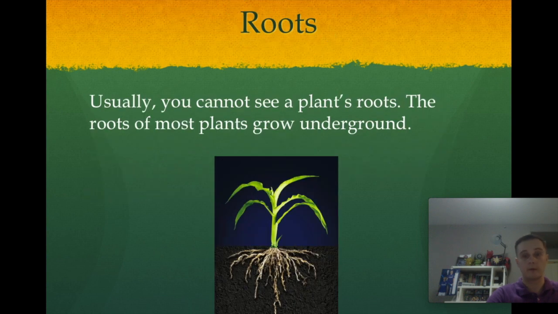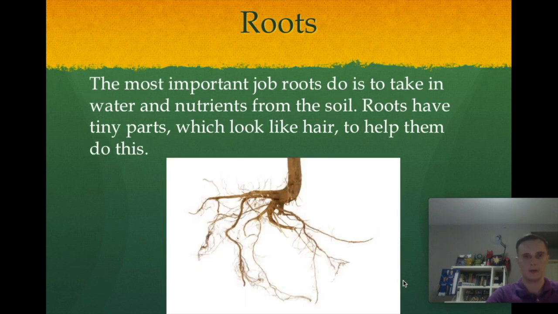So roots. Usually you can't see the roots of a plant because they grow underground. So you'll see the top part of the plant, but the roots are usually in the soil below the ground. Now, the most important job that roots do is they collect water and nutrients from the soil.